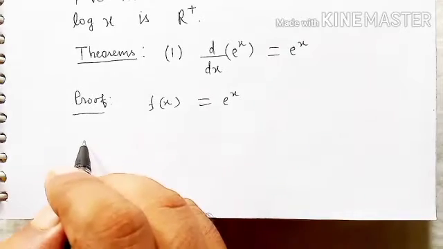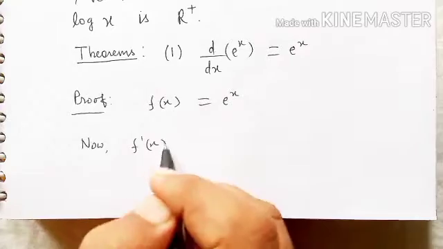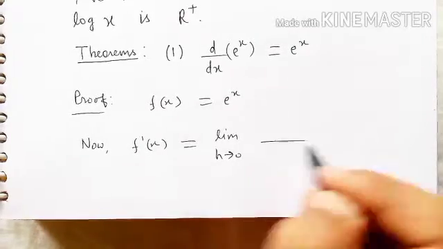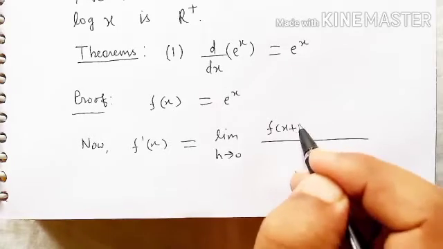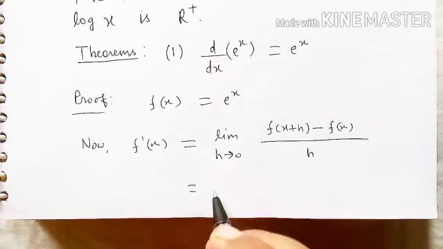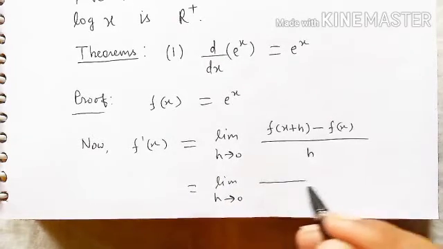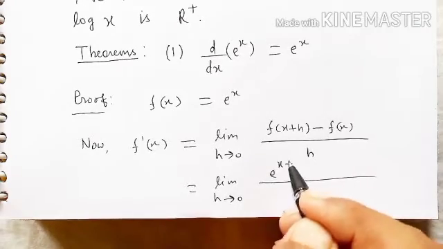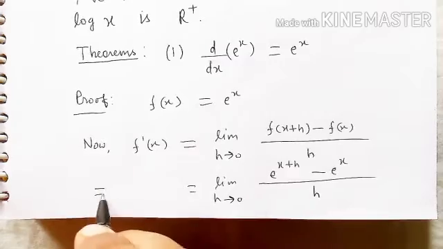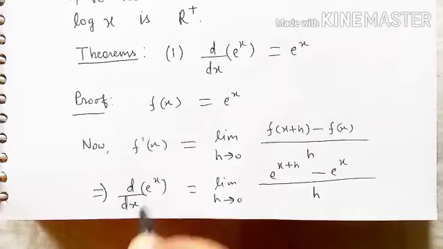We know that f dash x is limit h tends to 0 of f of x plus h minus f of x by h. So it becomes e to the power x plus h minus e to the power x by h.